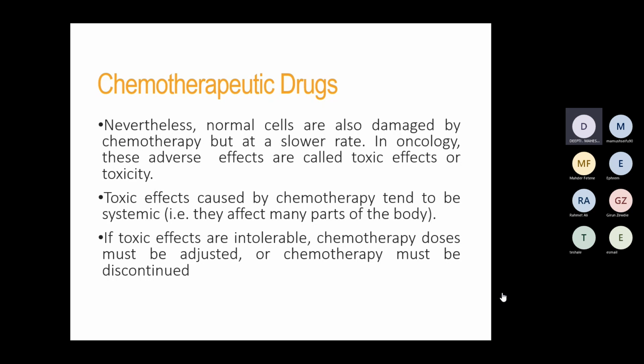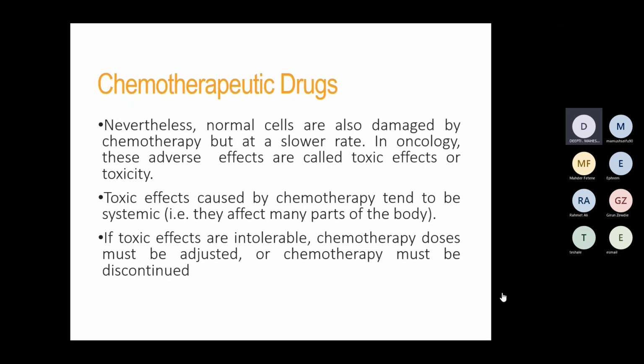See, if toxic effects caused by these chemotherapy drugs are systemic, that means they are affecting all parts of the body. Generally, if the drug is given systemically, the toxic effect will also remain systemic. If toxic effects are intolerable, chemotherapy drugs must be adjusted. Supposing a patient has a lot of side effects after taking these drugs, then the dose has to be adjusted.